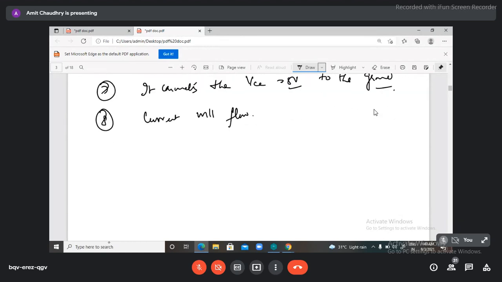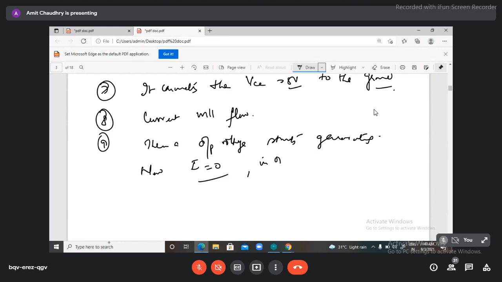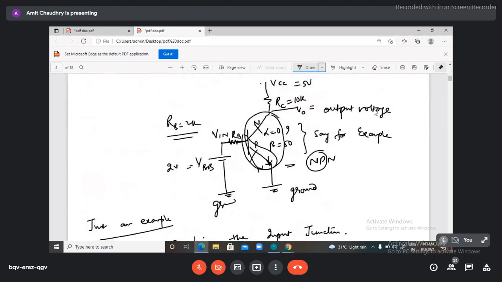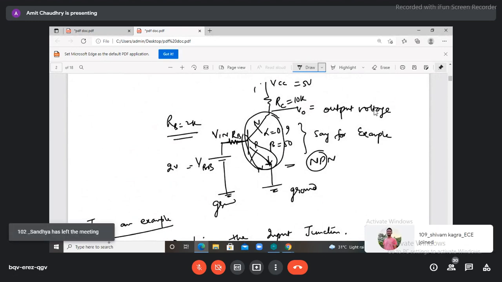Now if current flows, then an output voltage starts generating. Now if the current is 0, suppose I is 0 in off condition, what will happen to the output voltage? Coming back here, if I is 0, let us say this is off.